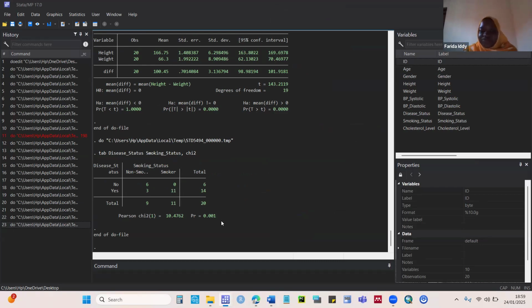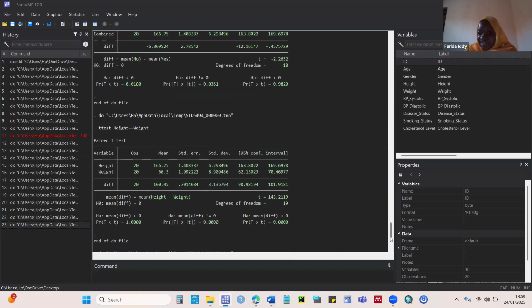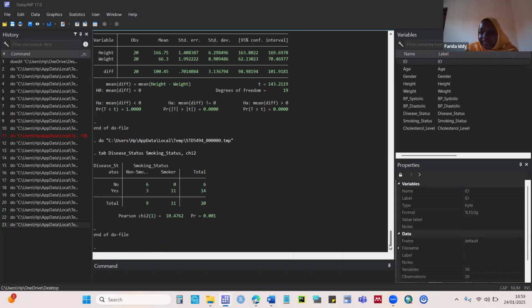Before I move forward to univariate and multivariate binary logistic regression, if there are any questions based on the results provided, or more clarifications on results, or everything is clear. Let me see the chat, to see if there is any question. I don't see a question.